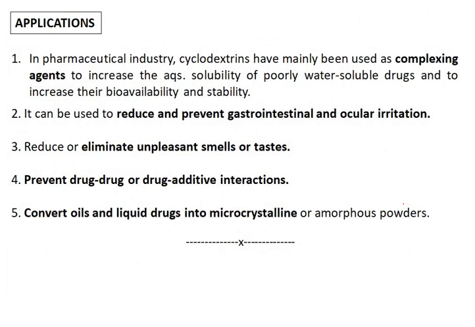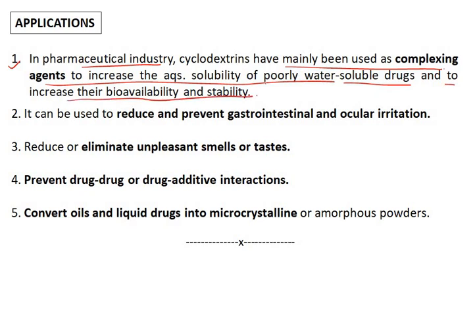And finally I come to the applications of cyclodextrin. In the pharmaceutical industry, cyclodextrins have mainly been used as complexing agents to increase the aqueous solubility of poorly water soluble drugs and to increase their bioavailability and stability.